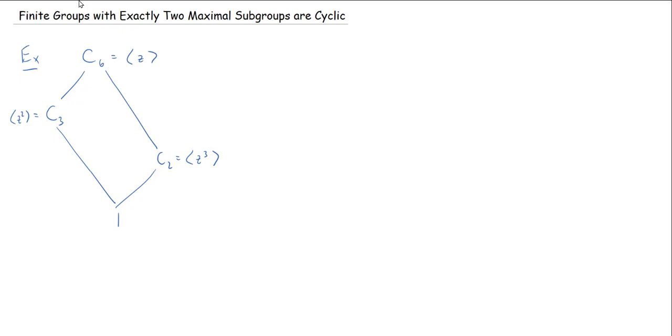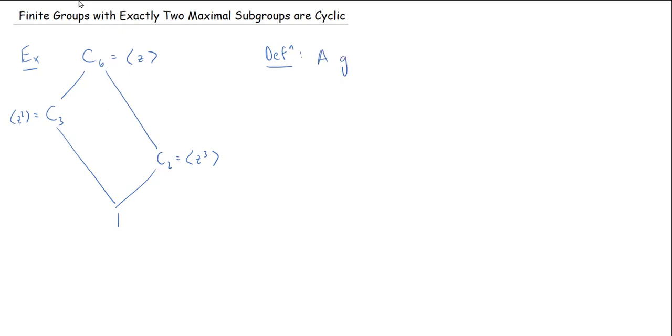And what you can see here is that C3 and C2 are proper subgroups, but they have no subgroup in between them and the entire group. So we're going to write down here the definition of a maximal subgroup based on this.